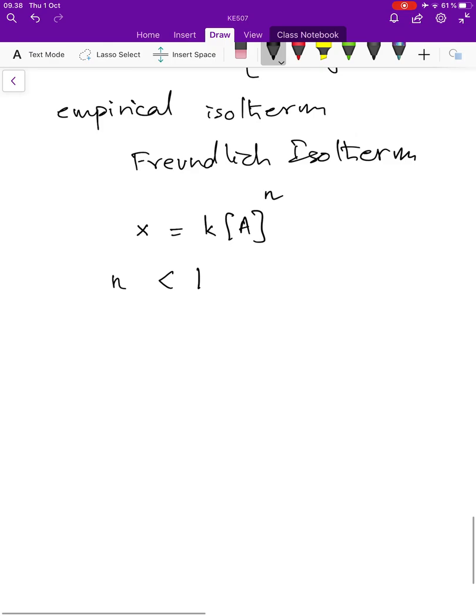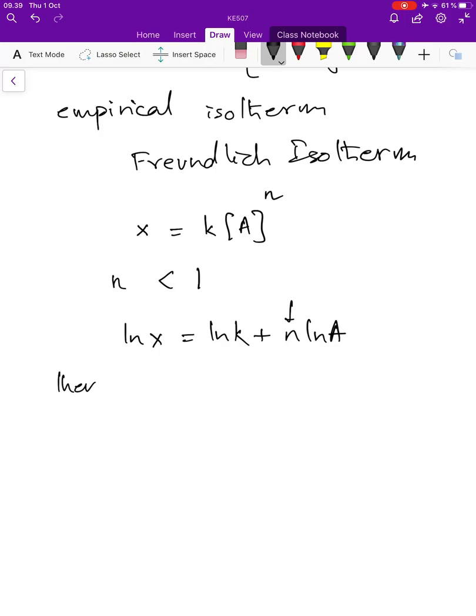This n is usually less than or equal to 1. And then you can take logarithms on both sides and measure both n and K, the rate constant.